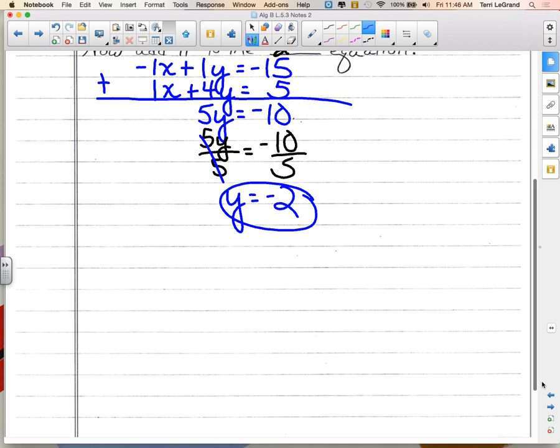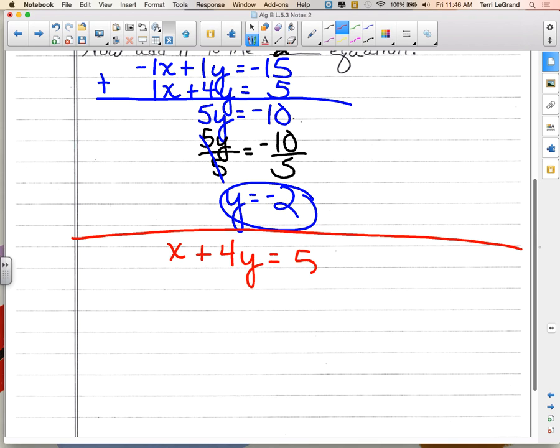And then we can go back and solve for x, and I'll pick my choice of equations here. I think I'm going to do x plus 4y equals 5. That's the one I'm going to choose. So I'm going to put in -2 for y.